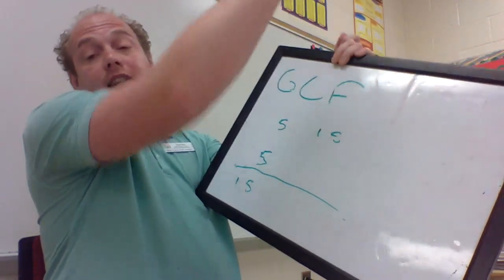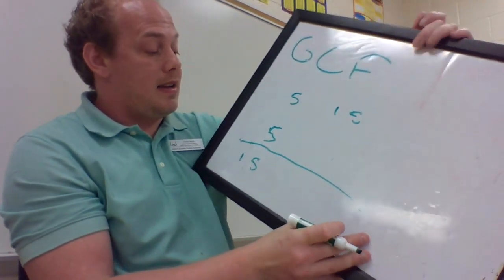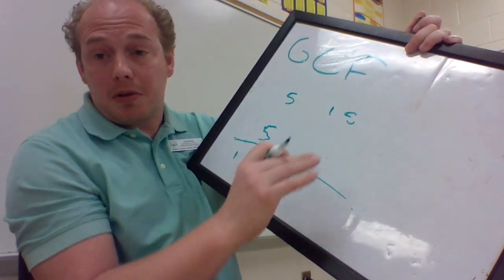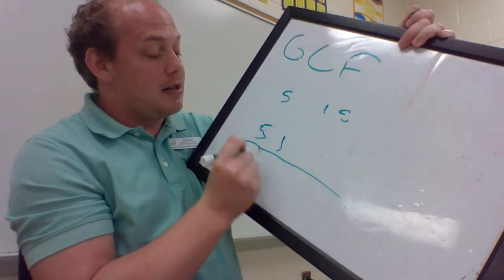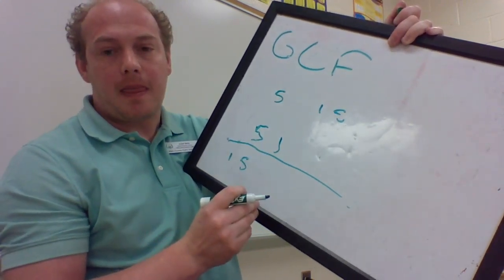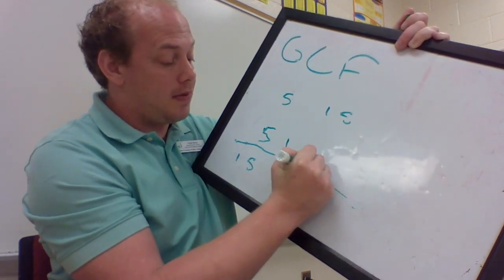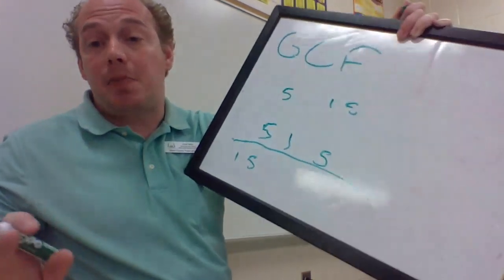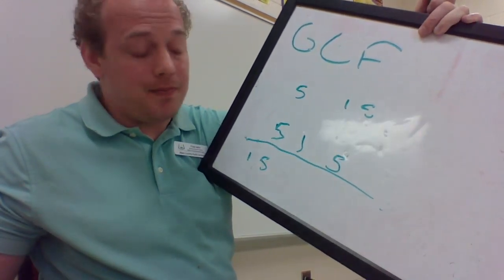Okay, so the first thing we're going to do is list the factors. Now, all numbers in the world, every one of them, have the factor 1. So 1 times what equals 5? Right, 5. Now, 5 is a special number. It's called a prime number.